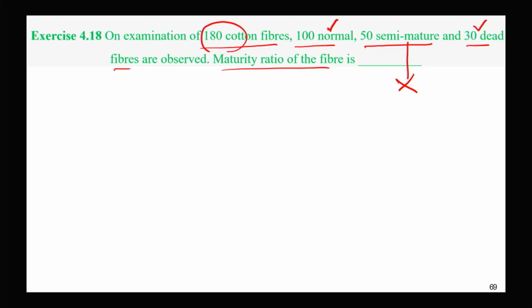First we have to get the proportion, percent normal fiber. 100 normal fibers out of a total of 180 fibers were selected. So what will be the percent?